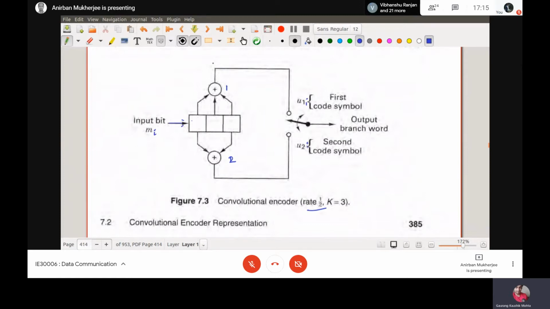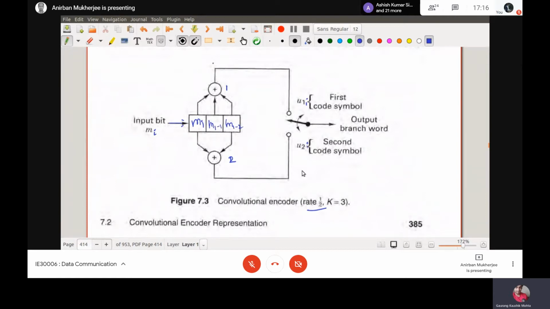Say it has come here. Now the output is dependent on the current bit and the previous 2 inputs, which are here, and then you are doing the XOR. So that is Mi, Mi minus 1, Mi minus 2.